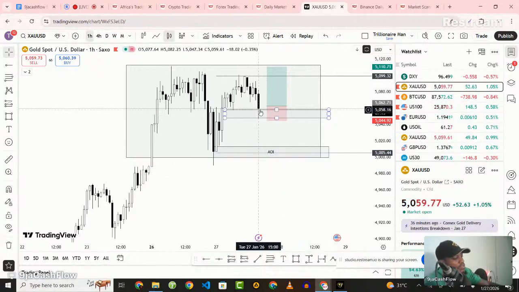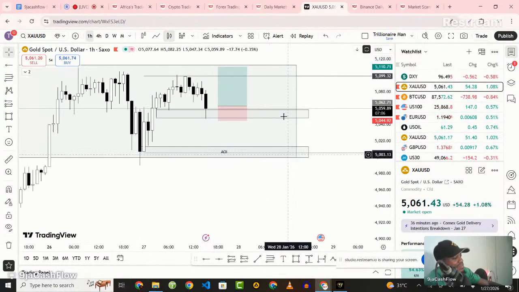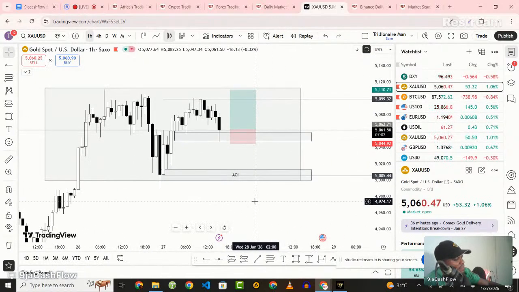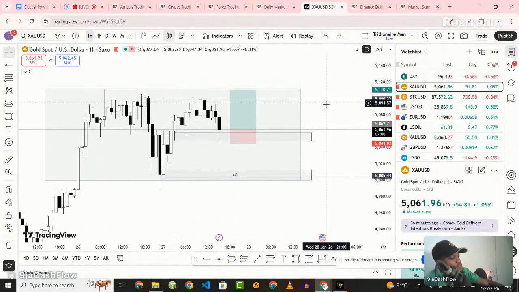So most likely it might come here at Asian session. So this is just a demo, a test, just a play trade.